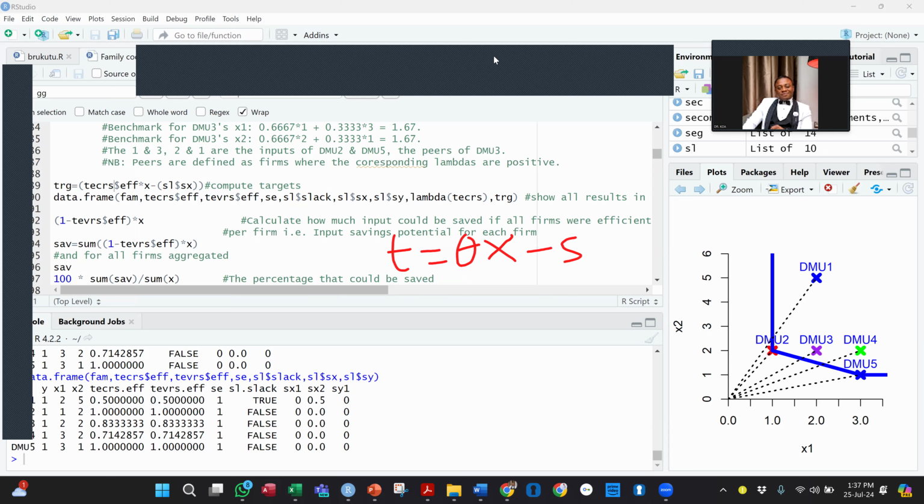Guys, do you remember I told you, suppose there were no slacks, the efficiency score, theta, would be equal to what? Suppose the slacks are 0, S is 0, theta will be what?